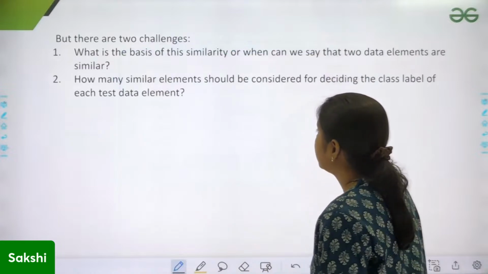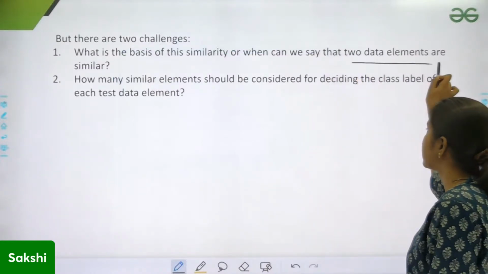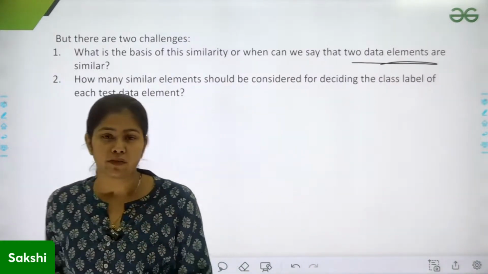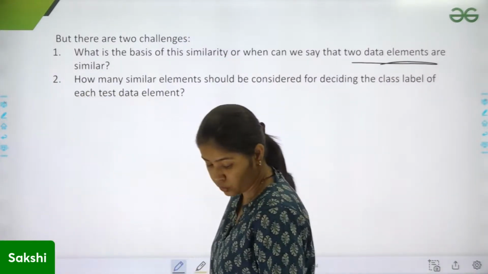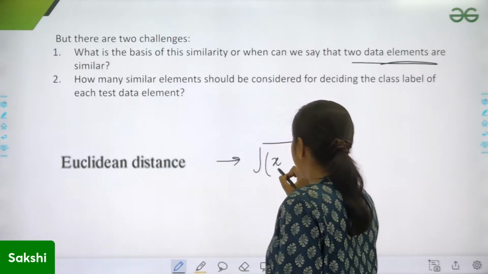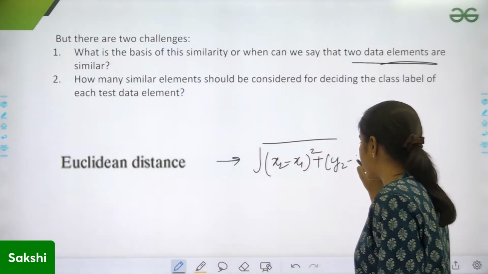Now there are two challenges: what is the basis of similarity, or when can we say that data elements are similar? So we'll find out a distance. For that I'll use the Euclidean distance, which I already told you: the square root of (x2 minus x1) square plus (y2 minus y1) square.